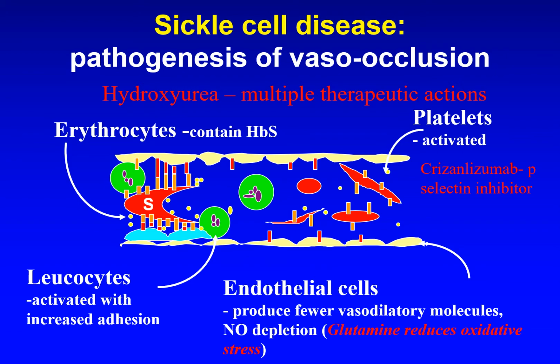So hydroxyurea has many methods of action, not just reducing the white cells and the platelets as a sort of cytoreductive agent, but also increasing the F and the bioavailability of the nitric oxide. And other newish treatments, crizanlizumab, work again at this endothelial level, and glutamine as well can reduce oxidative stress.